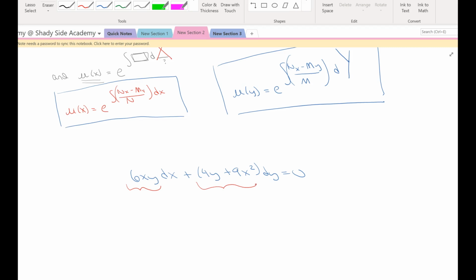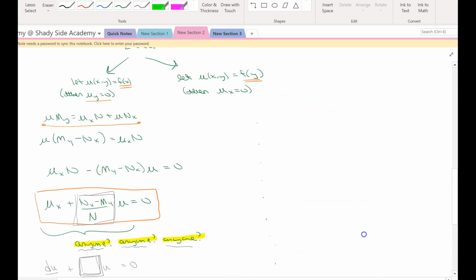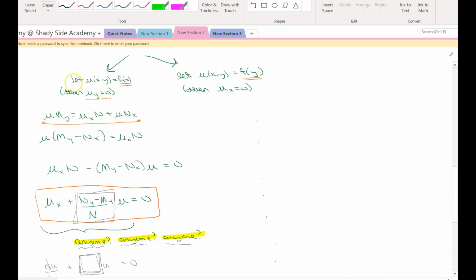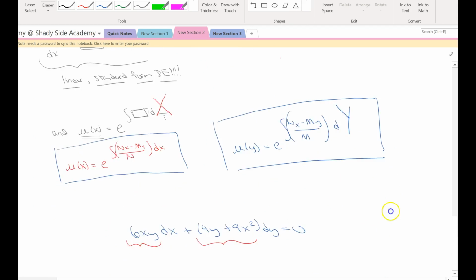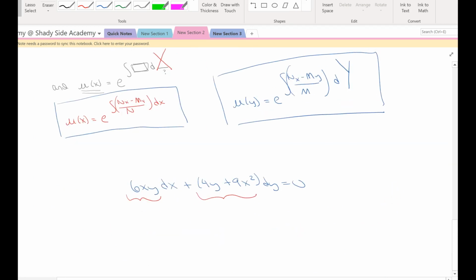Because that's really the task now. When we're turning a non-exact diffie-q into an exact diffie-q, the big question is how do we know which assumption to make here? That really begs the question, how do we know which integrating factor to use? Is it advantageous to pick one over the other? And the answer is yes.